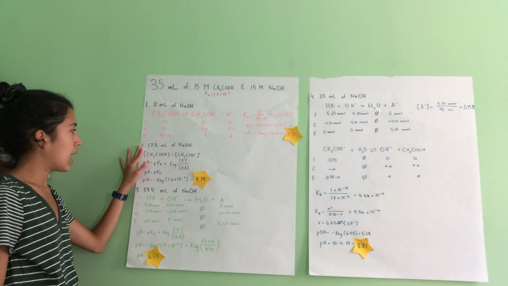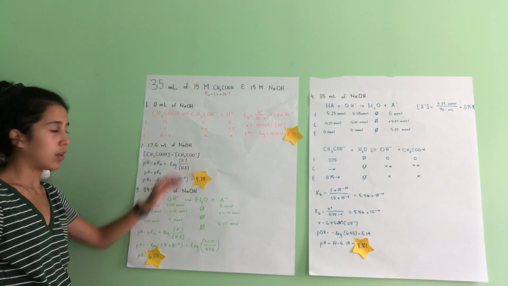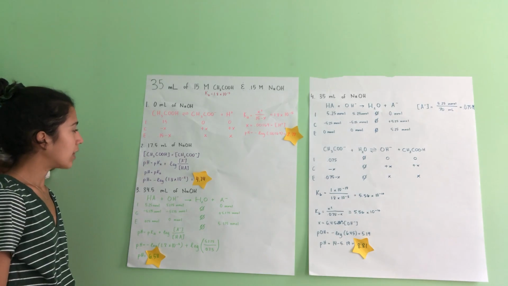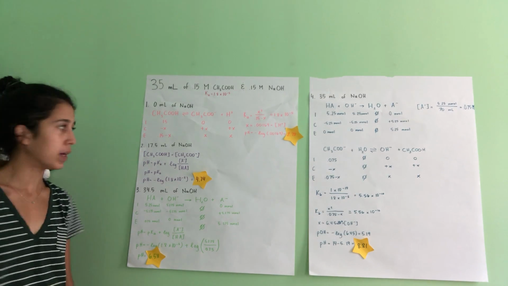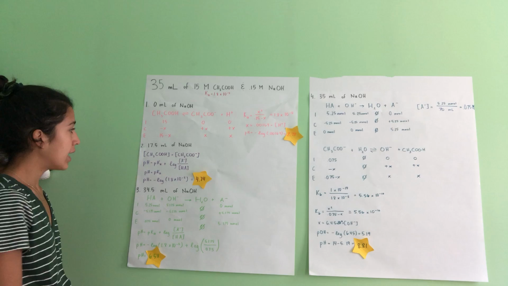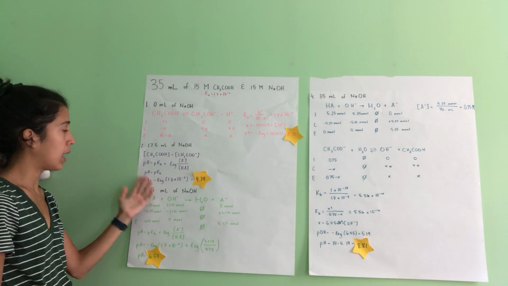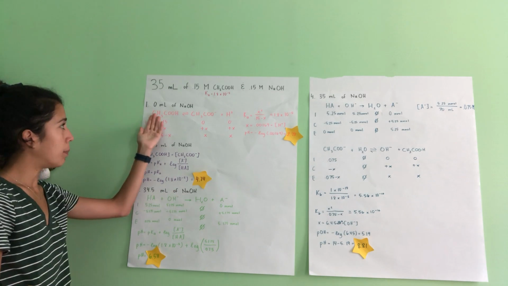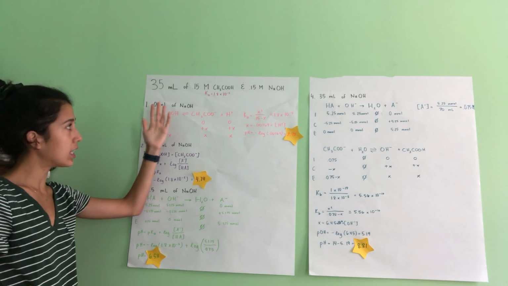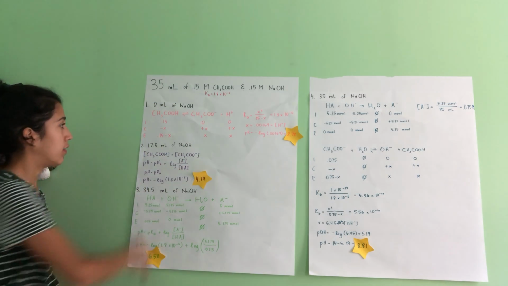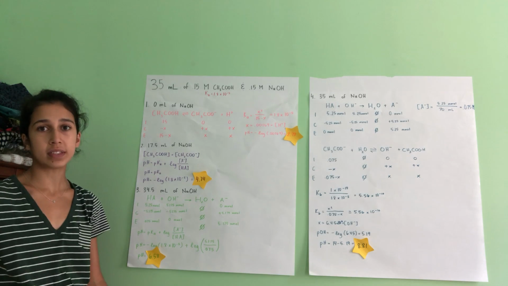For number 2, we are adding 17.5 milliliters of our strong base. At this point, we're halfway to the equivalence point. And if we're halfway to the equivalence point, our acid and our conjugate base that we form over here are going to be the same amount.